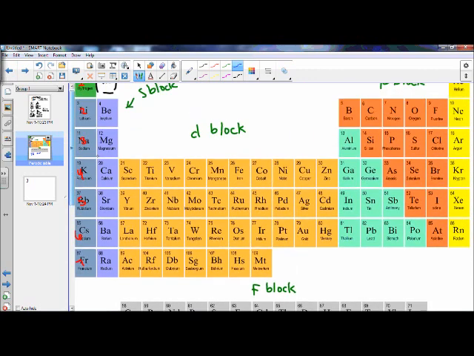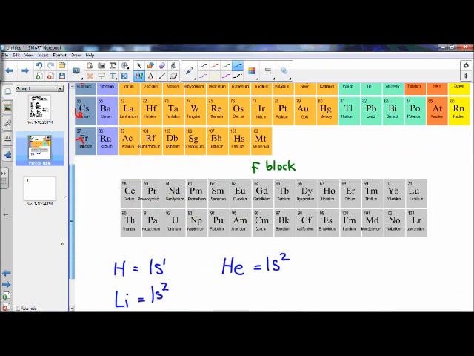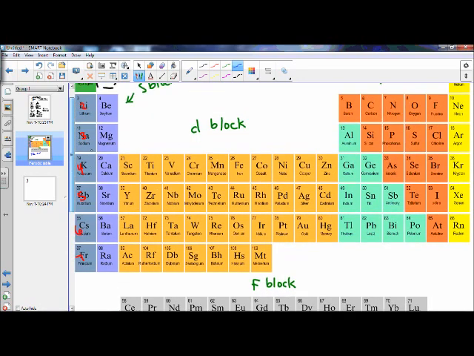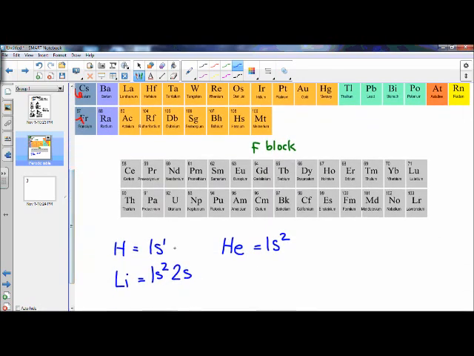However, lithium is on the second row, which means it also has electrons on level 2. Lithium is located in the s block, meaning that its electron is in the 2s orbital. And since lithium is the first element in this position, that means it has one electron in the 2s orbital.